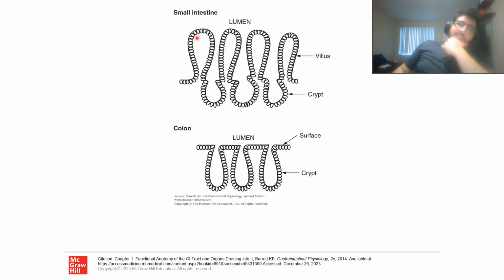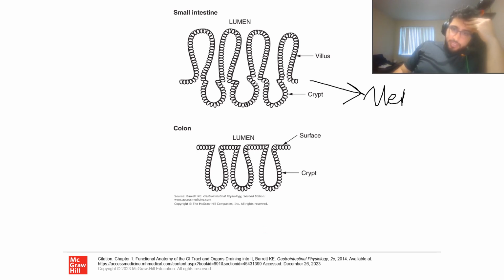If you see tissue that has villi and crypts in places outside of the small intestine, you want to consider metaplasia, specifically intestinal metaplasia, with this villous appearance.